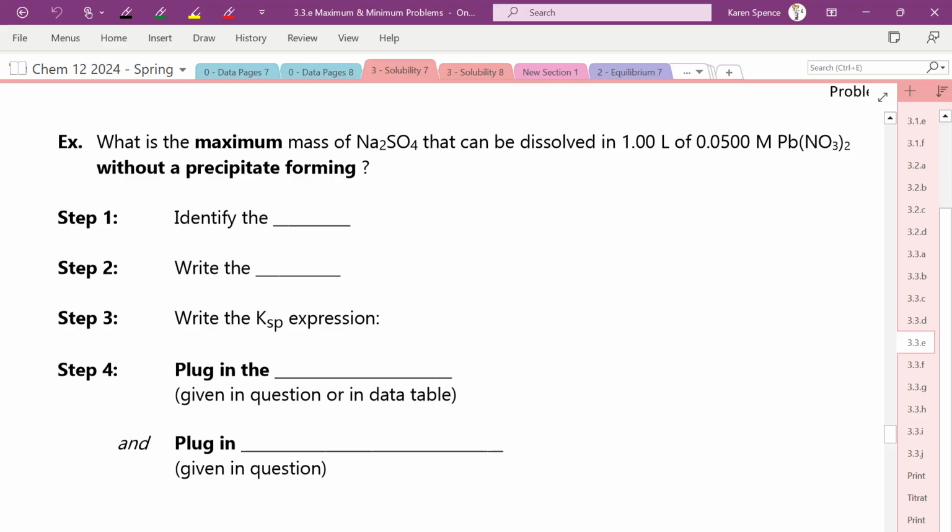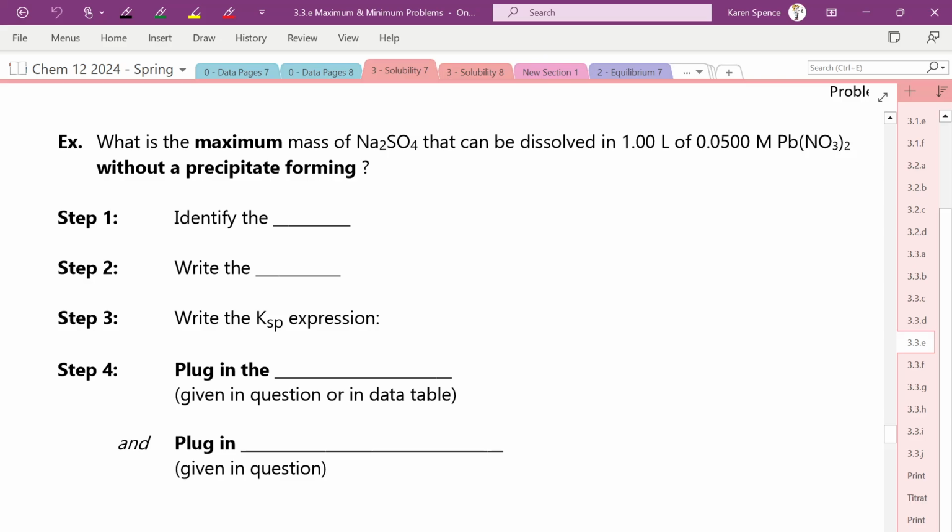And because the copper is coming from one compound, and the iodide is coming from a different compound, they're not going to be present in a one-to-one ratio.